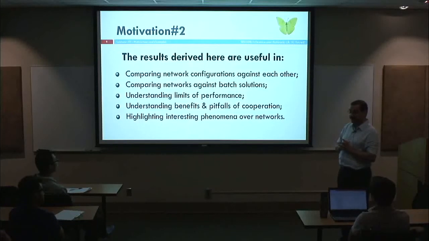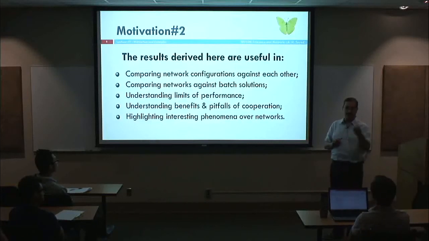For example, if every agent is able to solve a learning problem or an adaptation problem, is able to estimate something in a stable manner, and if I connect them by a network, and I now ask them to solve the same problem by additionally interacting with their neighbors, will it always follow that if the individuals are able to solve the problem, the network can solve the problem? And the answer is that it depends on how you ask them to cooperate with each other. The cooperation protocol will influence whether the group will remain stable when the individuals are stable. So some interesting phenomena are going to come up, which the analysis will highlight.